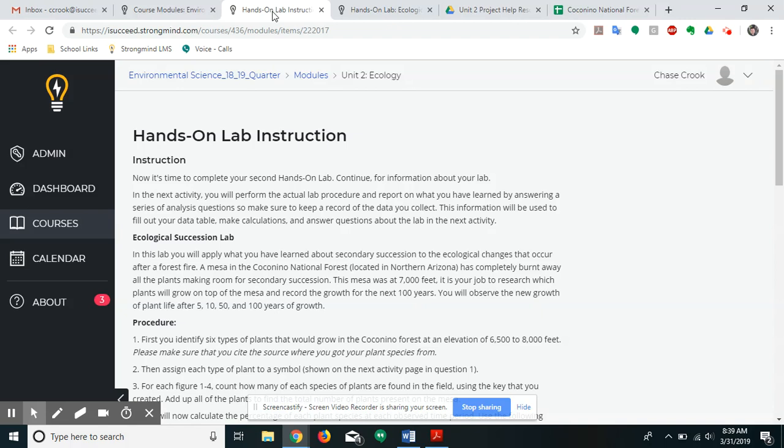And another scenario that could cause secondary succession is humans. And you're going to learn more about these types of things later on in this course, because with environmental science, we need to understand what we as humans can do to help our Earth, our ecosystems, be healthy still, yet allow us to do the things that we need to do, right?